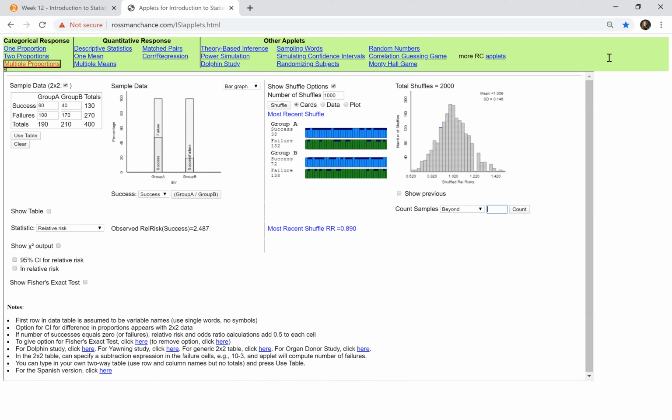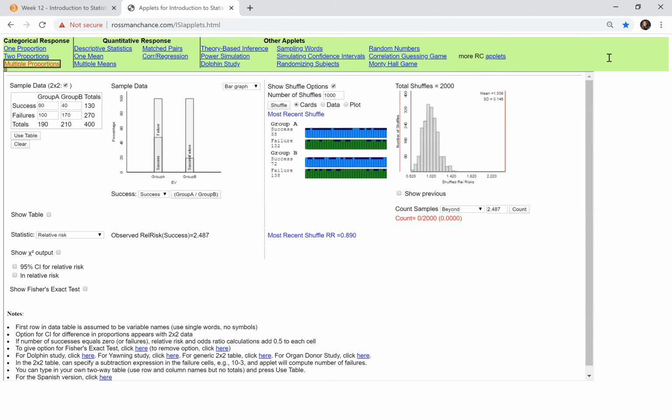Would you put it in count samples? Yeah, we're going to put in 2.487 and count samples beyond the relative risk value of 2.487. And again, we're getting a p-value that's really small.